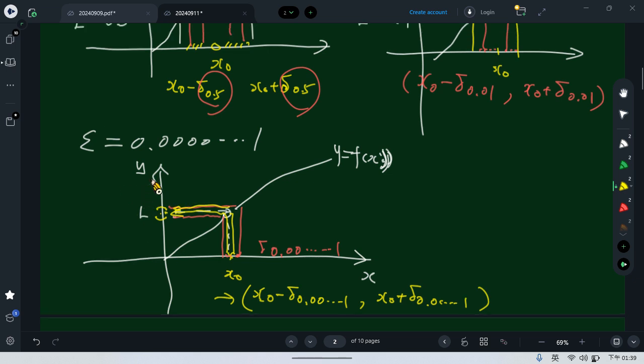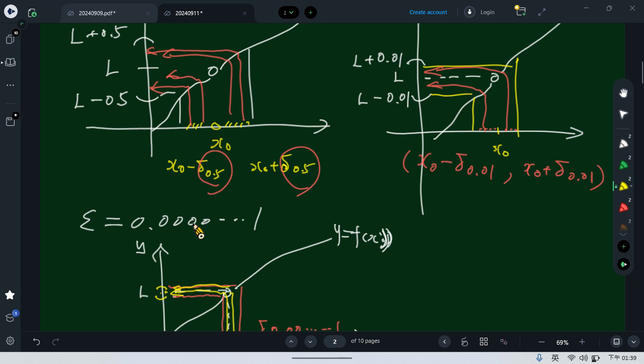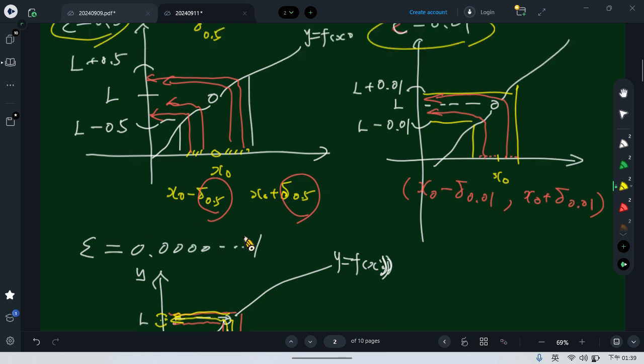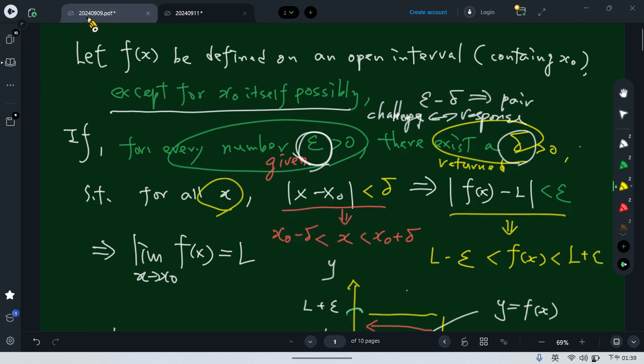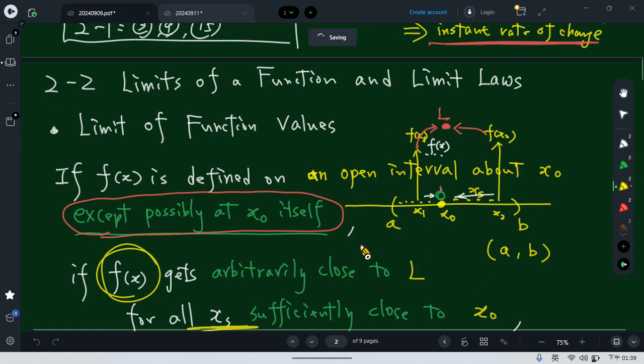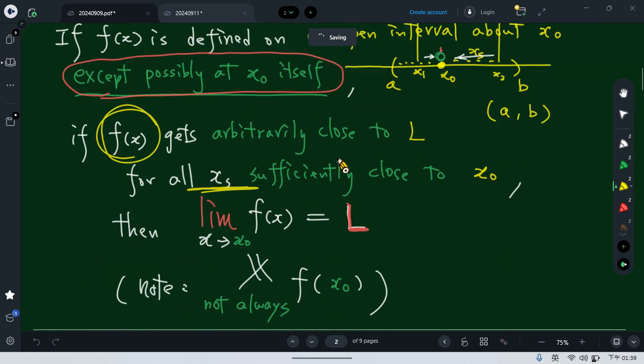So this idea is just trying to tell you what close is. When we describe it like this, it's a very descriptive way to describe closeness.